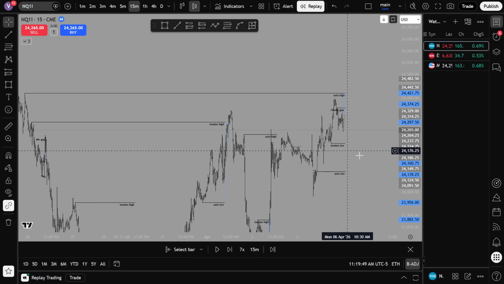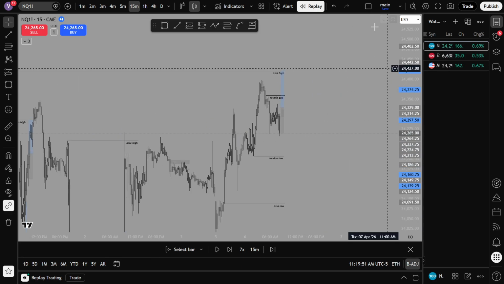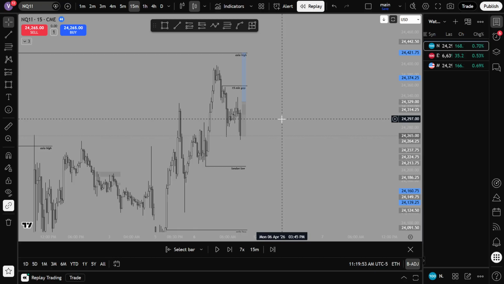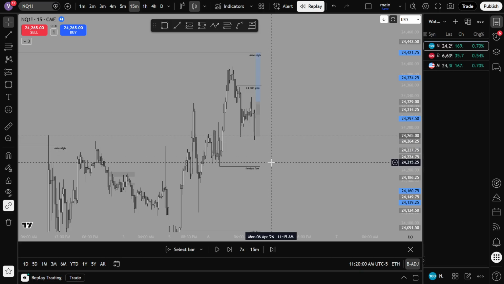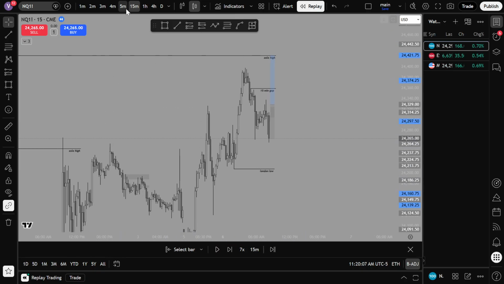And my real draws are these Asia highs because again, we are bullish. But what I wanted to see was either manipulation to this 15-minute gap, then we move lower to then come take these London lows, or we come take these London lows, then continue higher, right?